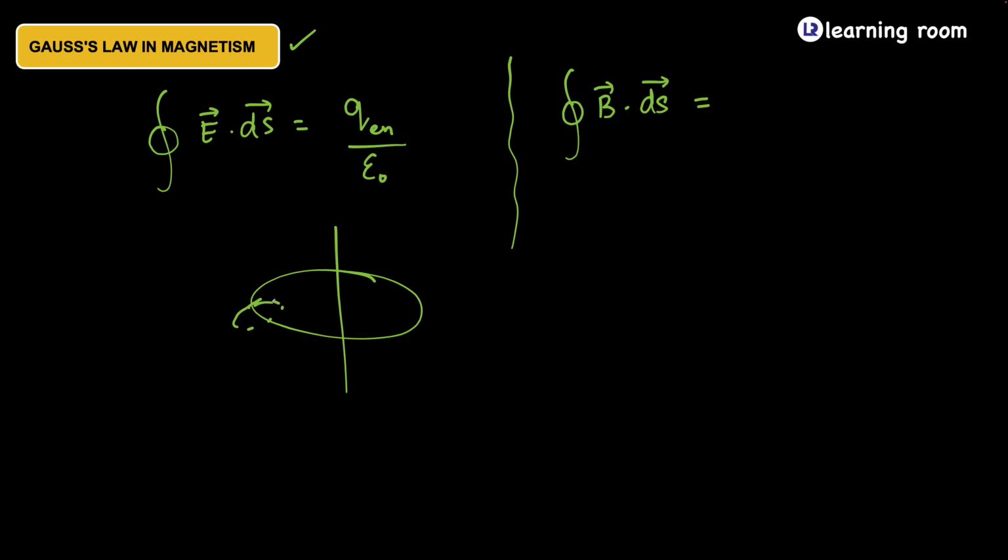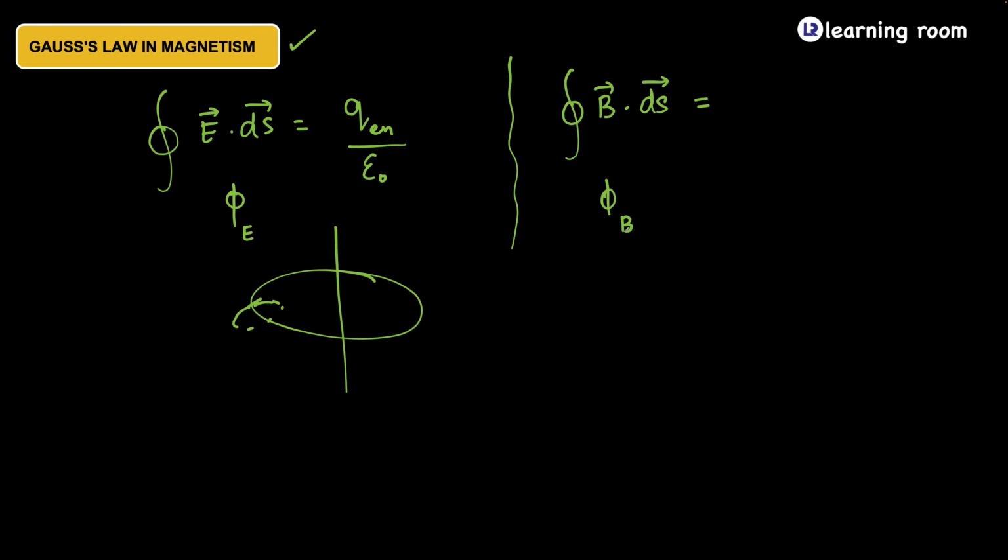To put it simply, the surface integral of E dot dS is nothing but the electric flux, if you recollect. In a similar way, the surface integral of B dot dS is called the magnetic flux.